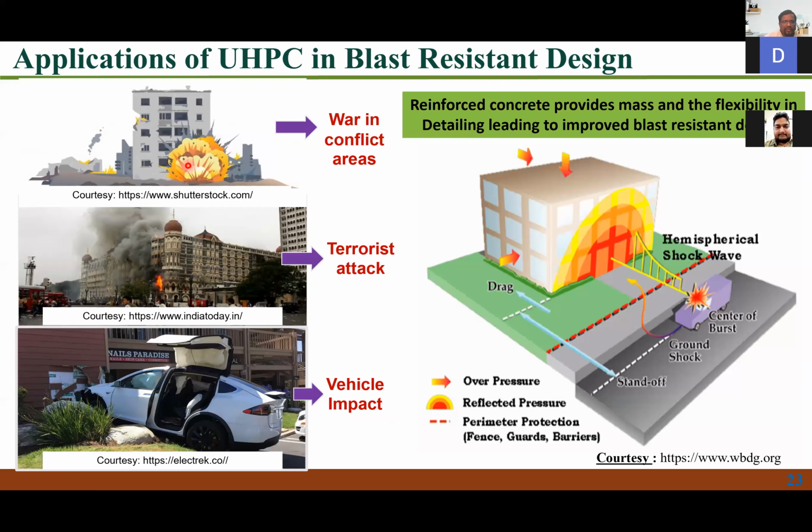All these things subject the structural element to very high impact loads. Among the materials available, concrete offers very good temperature resistance, and it also provides some mass and flexibility in detailing, because I can detail the reinforcement.